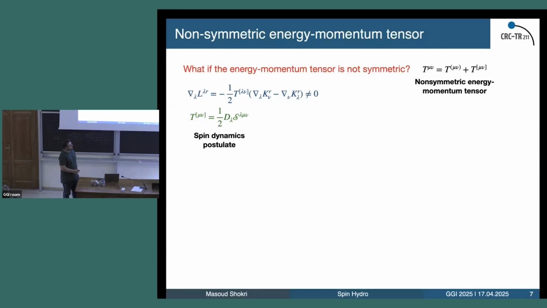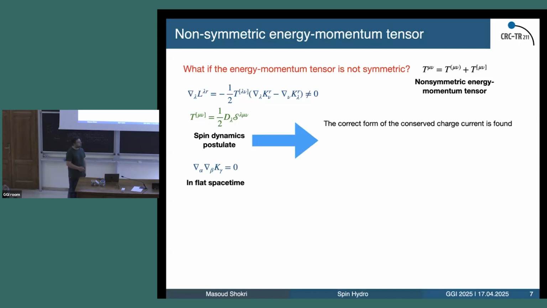And this is a covariant derivative again, like this covariant derivative. Then you also use the fact that in flat space-time, the second order gradient of a Killing vector vanishes. With that, you find the correct form of the conserved charge current as this.